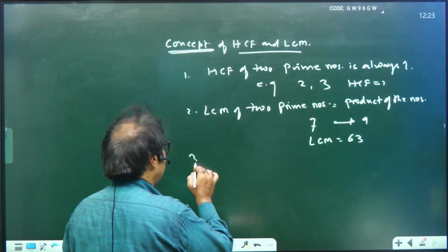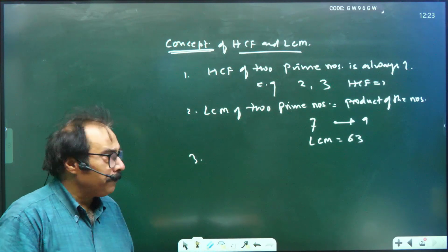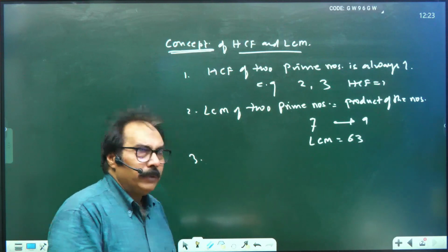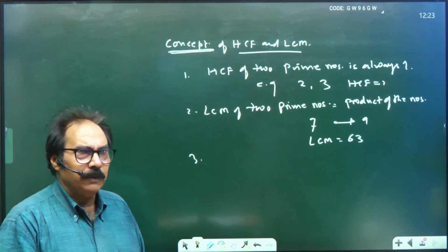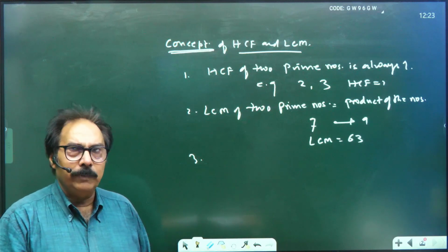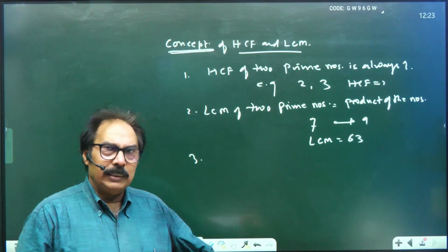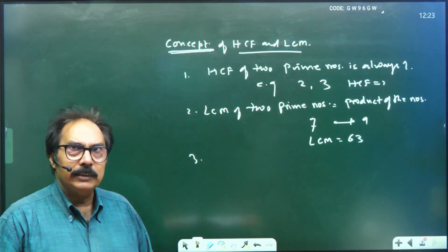The third point is, if there are two numbers and one number is a factor of the other, meaning the larger number is exactly divisible by the smaller, then the LCM will be the larger number.